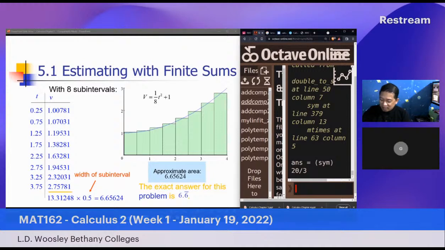Tama? Yes, sir. Dapat pala palakpak kasi tumama tayo. So, 20 over 3, 6.66. So, kung integrate mo siya, yung area na kinumpute mo, mag-a-approach na 6.6.